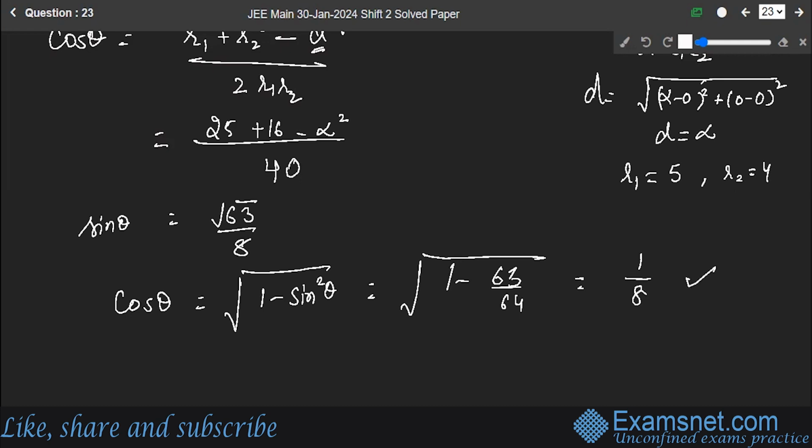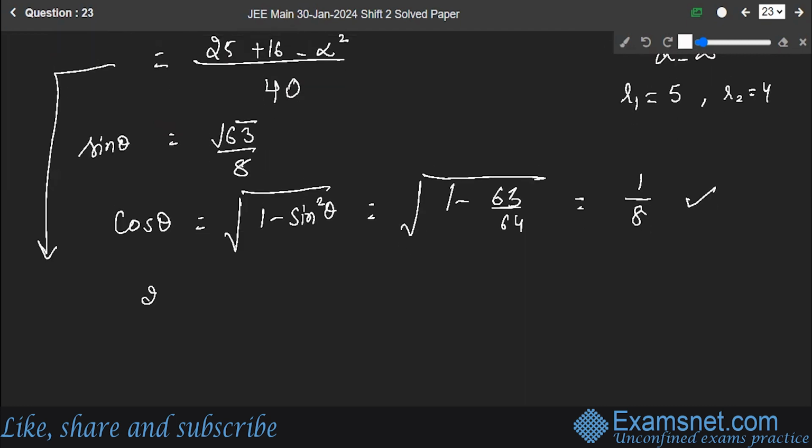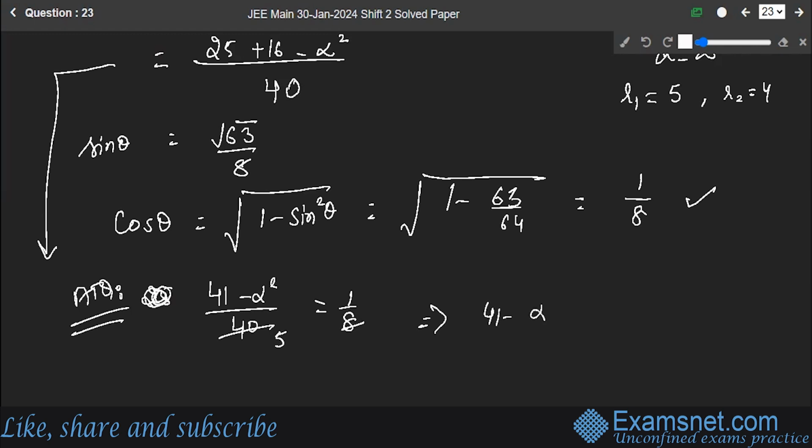So that means this equation is equal to 25 plus 16. This makes it 41 minus alpha square upon 40 is equal to 1 by 8 according to the question, or you have 41 minus alpha square is equal to 5, or alpha square is equal to 36. That gives you alpha's value as 6.